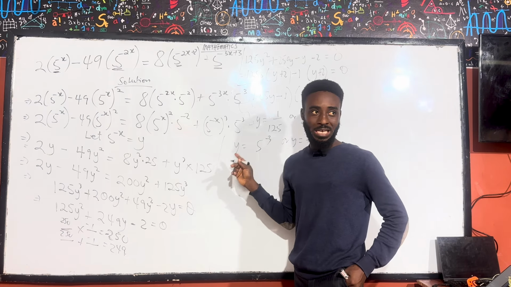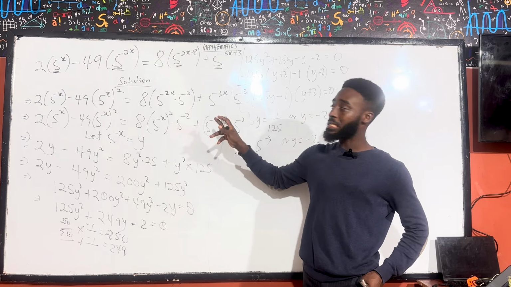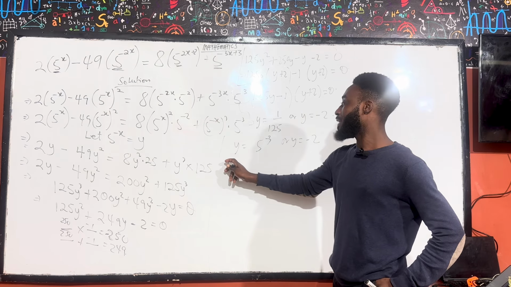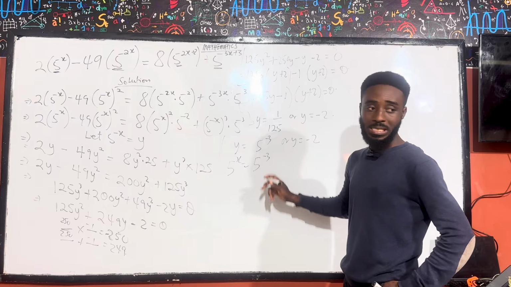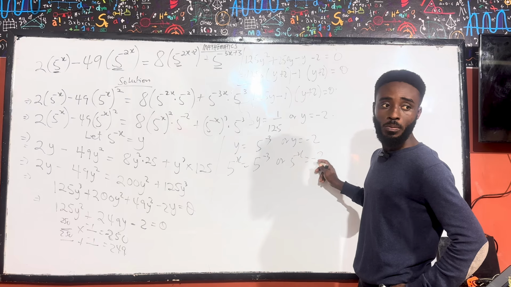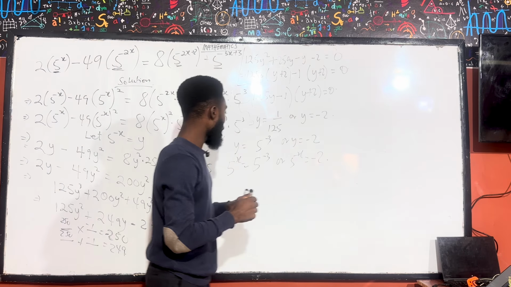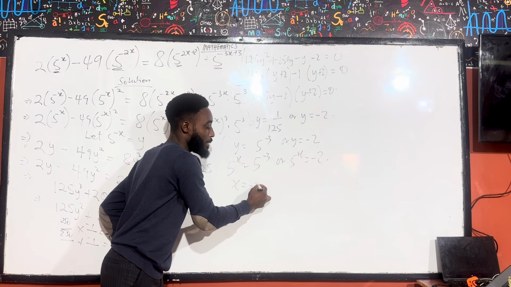However, the question didn't ask us to find y. The question asked us to find 5 to the power x. So it means that 5 to the power x is equal to 5 to the power minus 3, or 5 to the power x is equal to minus 2. Now, if this is the case, then you can simply say x is equal to minus 3.